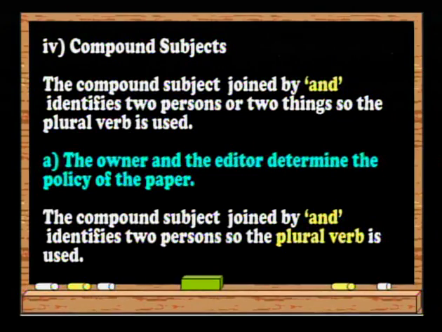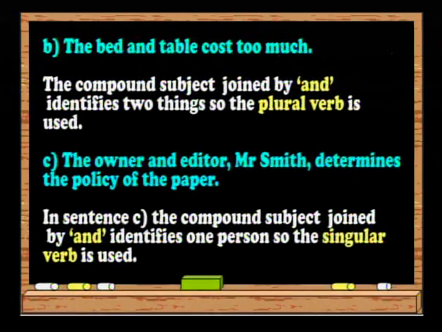The compound subject joined by and identifies 2 persons, so the plural verb is used. The bed and table cost too much. In sentence B, the compound subject joined by and identifies 2 things, so the plural verb is used.